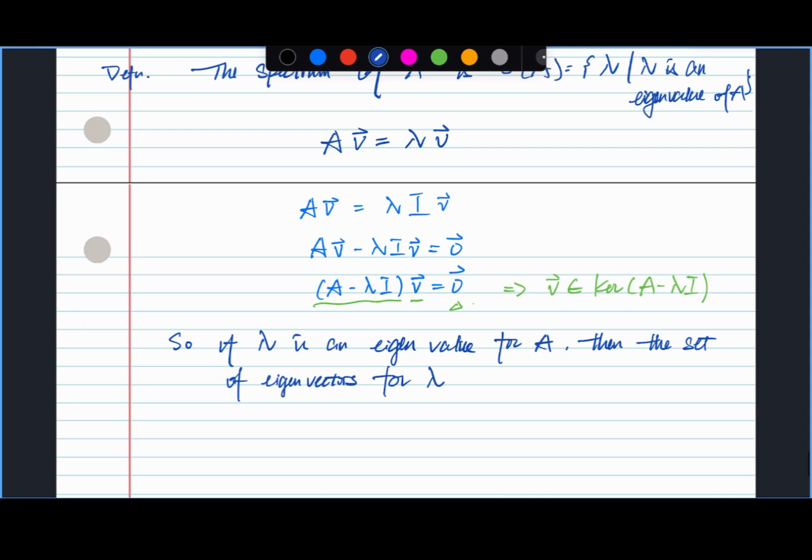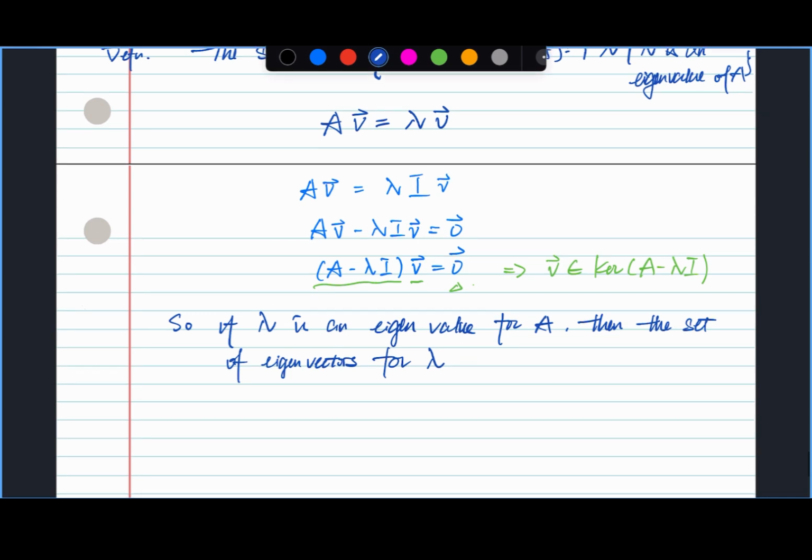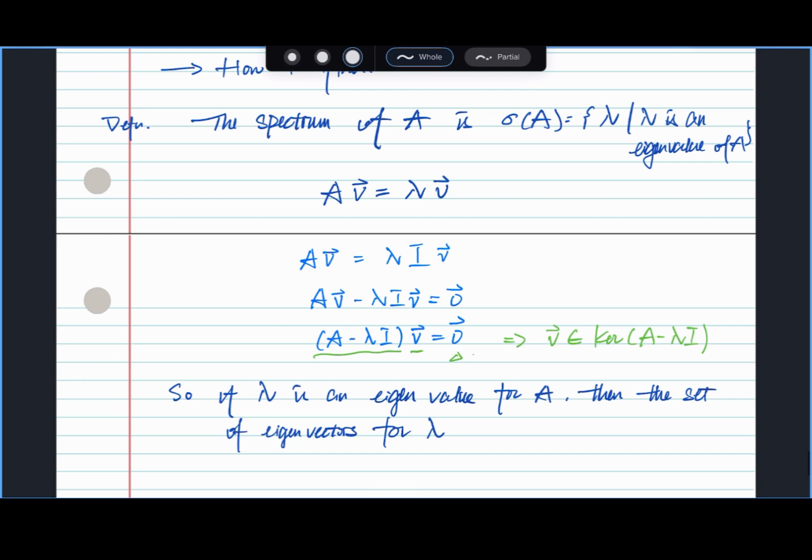So when we talk about the eigenvector, we might have a span of a vector, because the transformation A minus lambda I is not invertible. Yeah, we'll see examples.